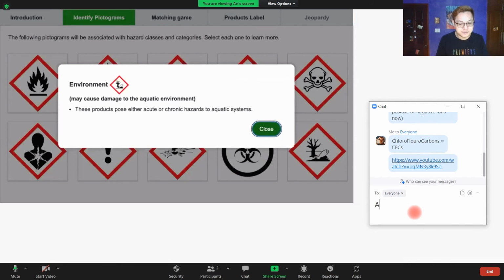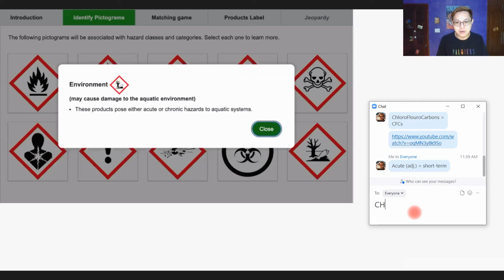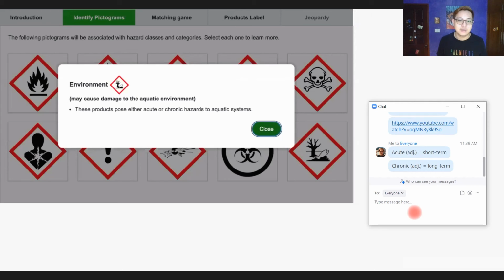So basically, acute means short term, and chronic is of course an adjective that means long term damage. Aquatic system means, aqua means water.